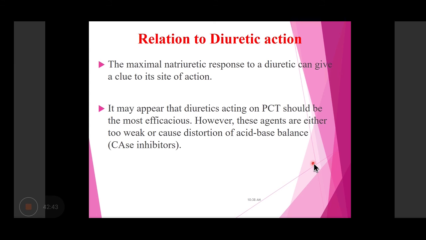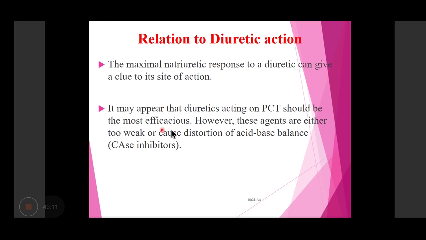And if you block that bicarbonate reabsorption, the pH imbalance can occur in the blood. A lot of acid-base imbalance can occur. Because of these reasons, carbonic anhydrase inhibitors are not considered very good diuretics. We'll be covering their other drawbacks also in the next class, not this one.